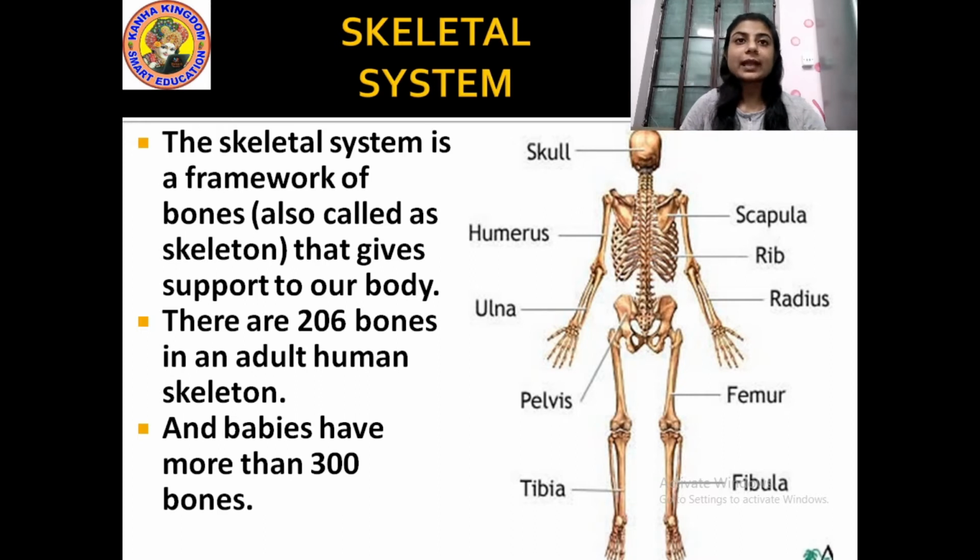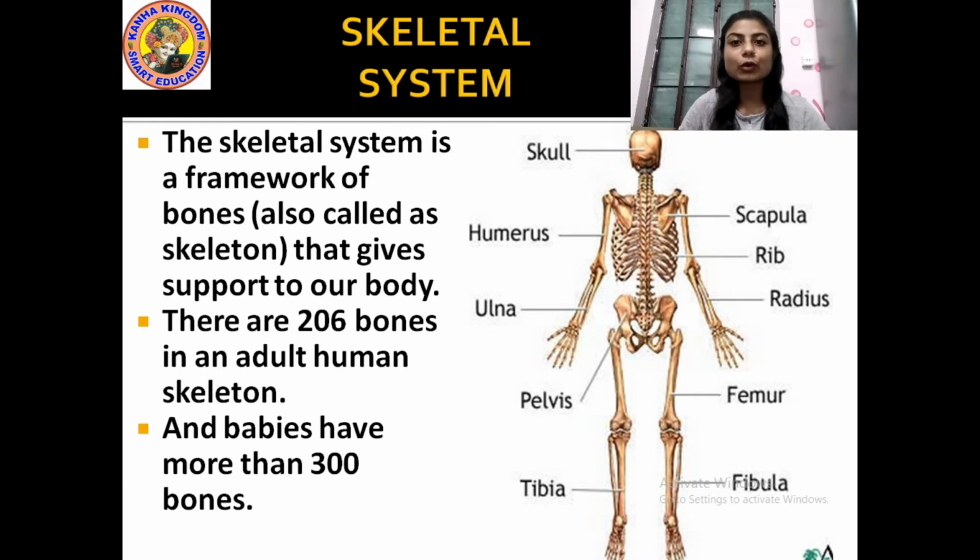There are 206 bones in an adult human skeleton. In an adult human skeleton, how many bones does it have? It has 206 bones. Infants, meaning small babies and small children, have more than 300 bones.